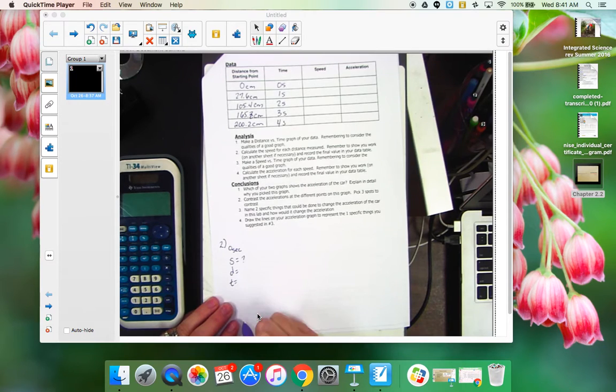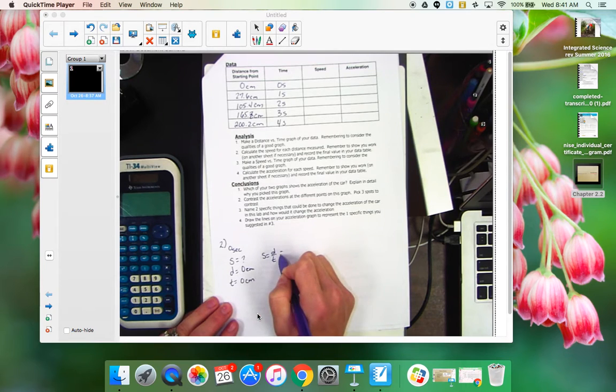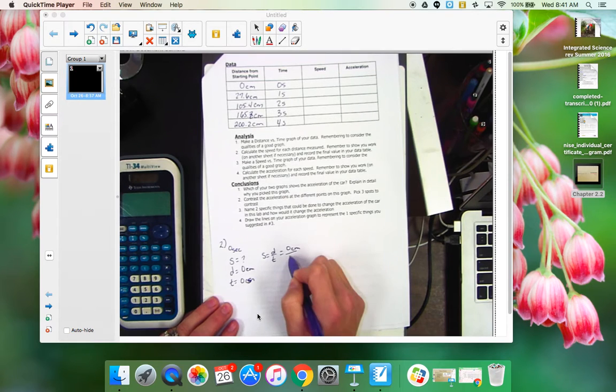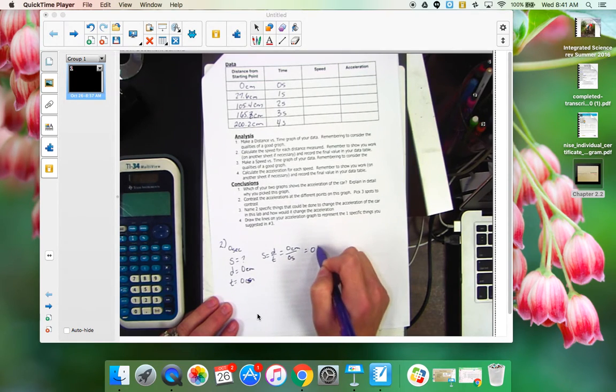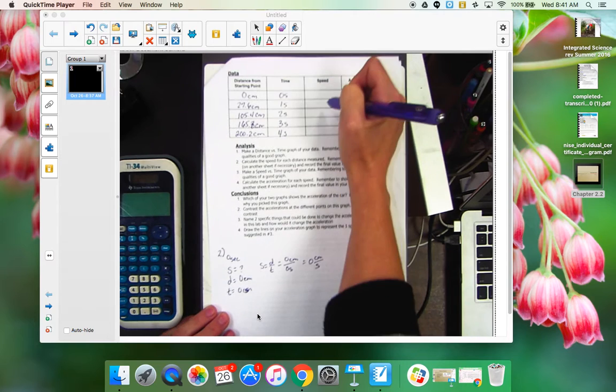Speed is my question mark, distance, 0 centimeters, time, 0 seconds. Speed equals distance divided by time, 0 divided by 0 equals 0 centimeters per second. Write that up here.